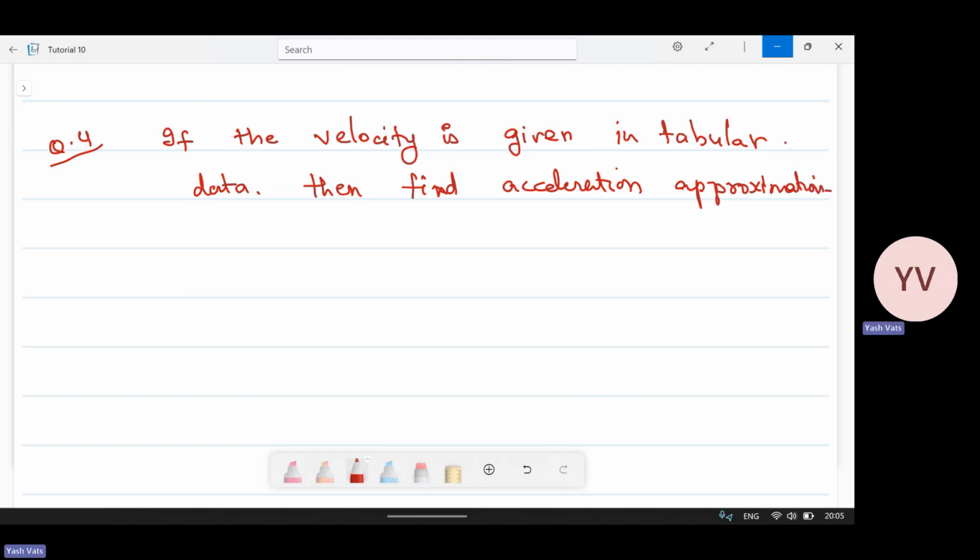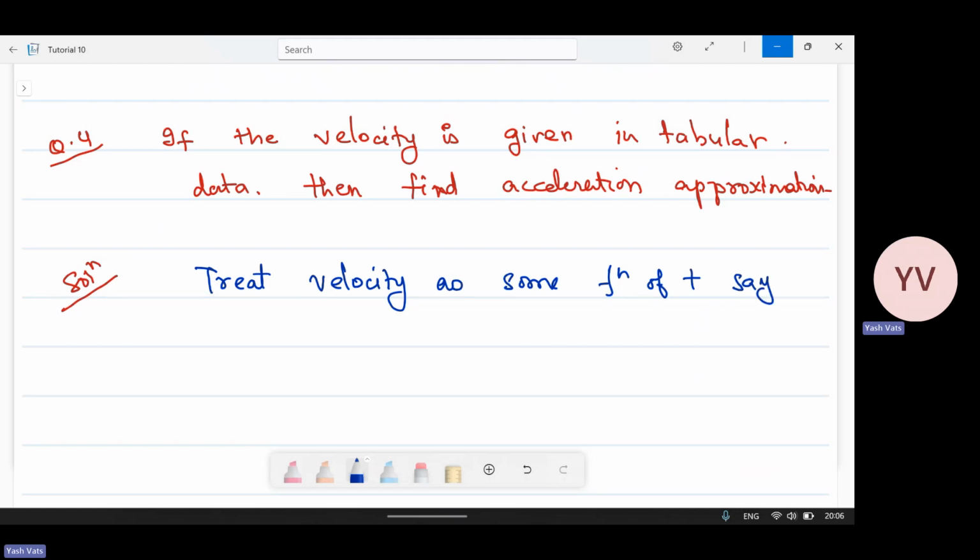It's just simple, right? What you have to do is treat velocity v as some function of t. Say it's v(t).